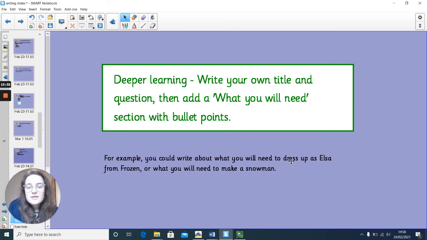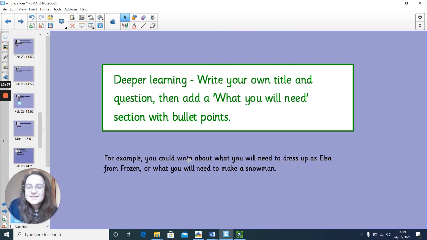For example, you could write about what you will need to dress up as Elsa from Frozen, or you could do a snowman one like me, what you will need to make a snowman. So for the Elsa one, you could write "How to dress up as Elsa." That would be your title. And then it would say, "Do you like dressing up as Disney princesses? If you want to know how to dress up as Elsa from Frozen, read on."